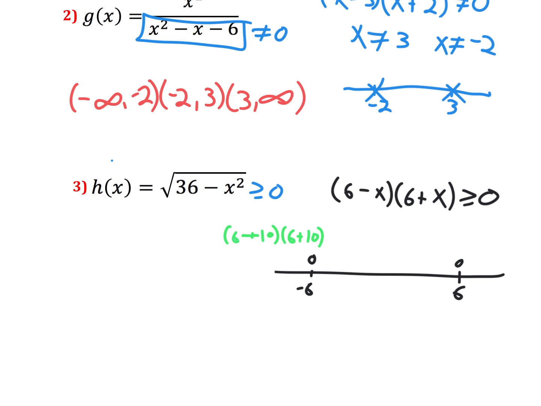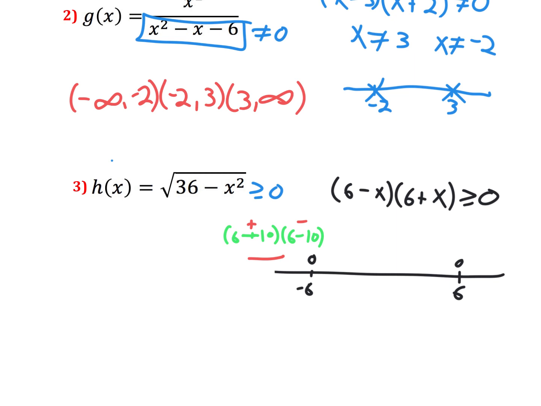This would have been a 6 plus a negative 10. Let's go ahead and fix that. So that's a 6 minus 10. Which means I'd have a positive number times a negative number. So that is a negative result, which means that part of the graph is going to be off limits.